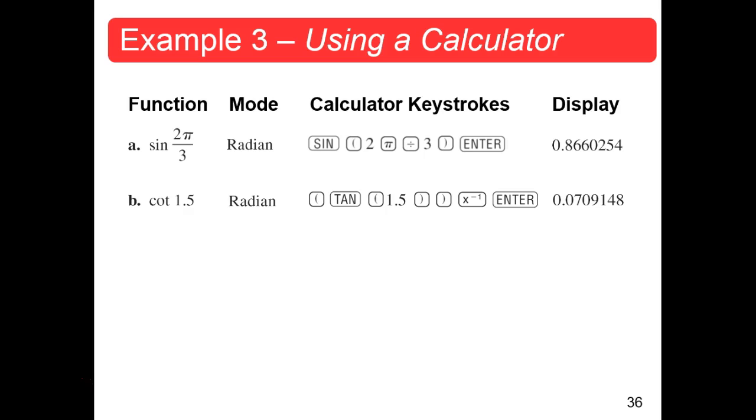If that was a tangent, you're going to have a huge number there because you're close to pi halves. Pi halves is that vertical asymptote, remember? So you're going way high. Someone do tangent of 1.5 radians. You'll see it's a huge number. Someone do it real quickly. Tangent of 1.5.